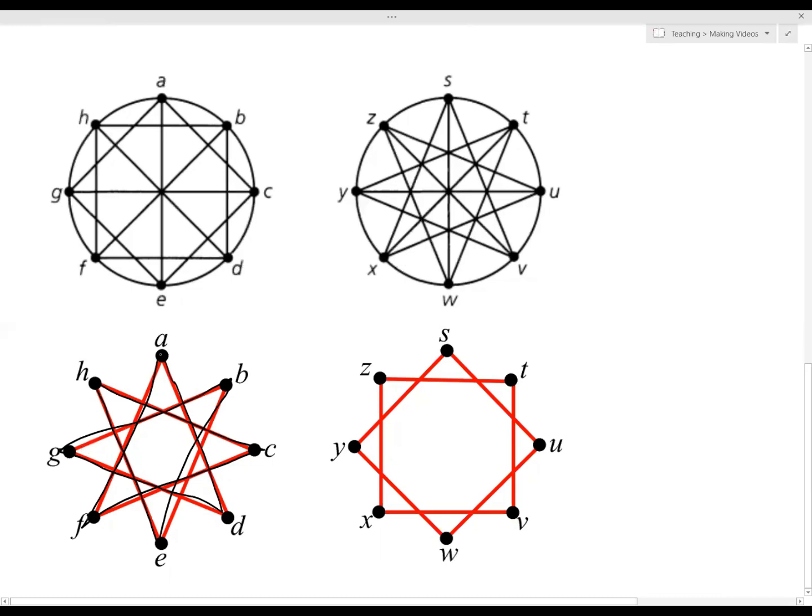On the other hand, the one on the right is two squares. The one on the right is disconnected. The one on the left is connected. Clearly connected, clearly disconnected.